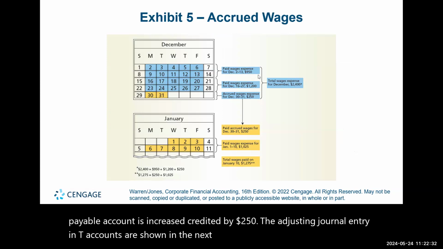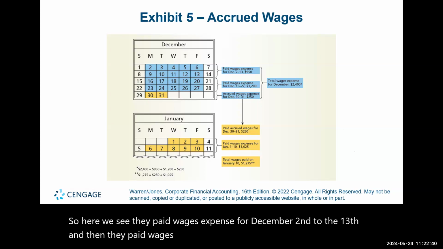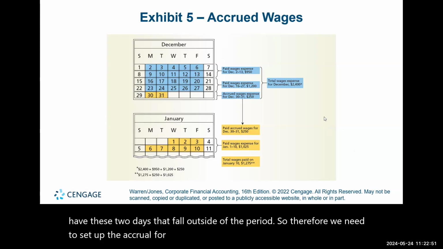So here we see they paid wages expense for December 2nd to the 13th. And then they paid wages for December 16th to the 27th. And then we have these 2 days that fall outside of the period. So therefore, we need to set up the accrual for the expense that is going to be paid in the next month, the next year.